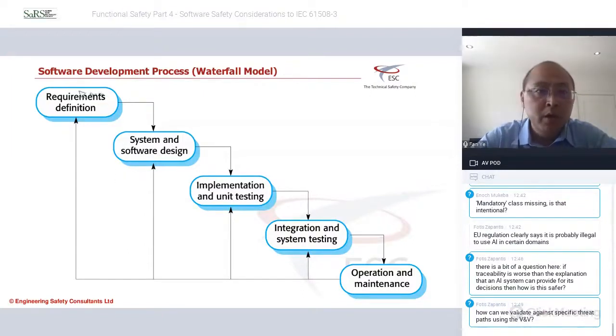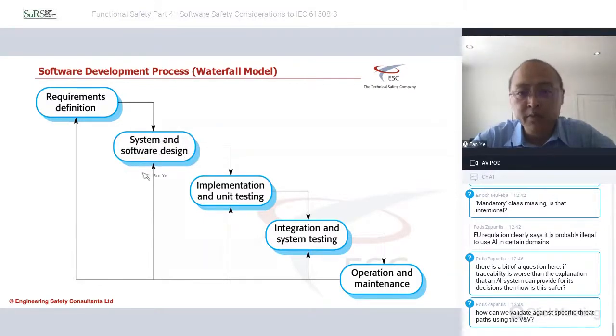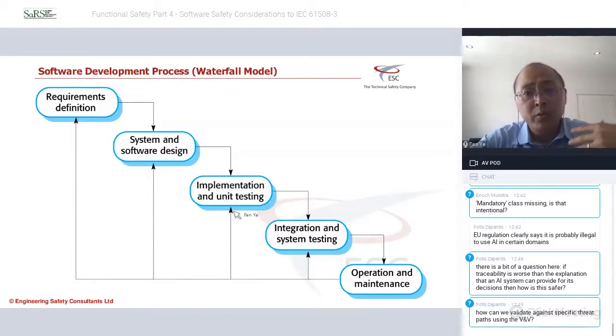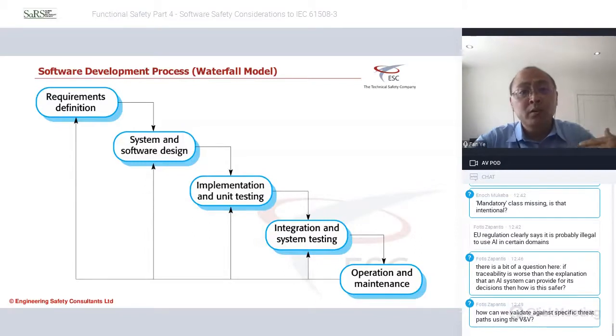So you finish all the requirements definition and validate that the requirements specified meet the objective of that stage before you move on to the system and software design. You verify that it is accurate and all the tasks and activities are complete before you move on to implementation, unit testing, and so on. That's the oldest software design and development model.